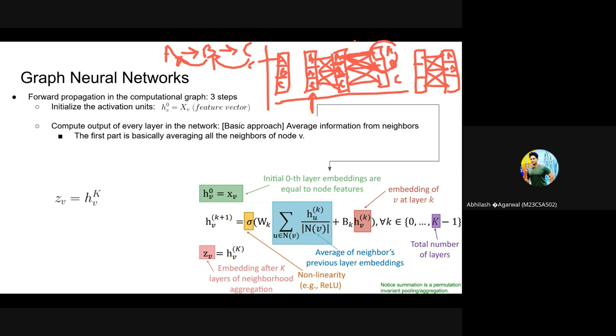So end of the day, the last layer would have the aggregated features for every node. This is the general idea, and this is the core concept. Everything is basically building up to the same thing, so if this is clear, the rest will not be hard for you.